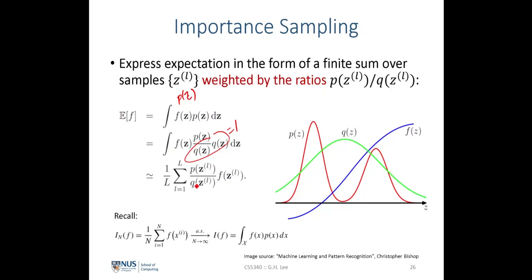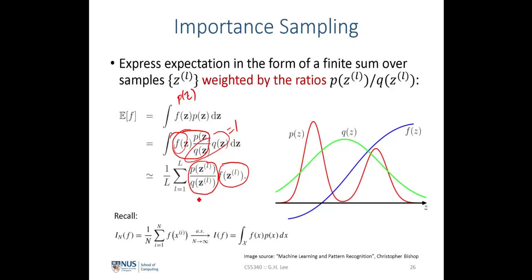So we rewrite the integral sign into a summation over L samples, where the function we are interested in remains, and we group the ratio of p over q together with that function inside the summation.